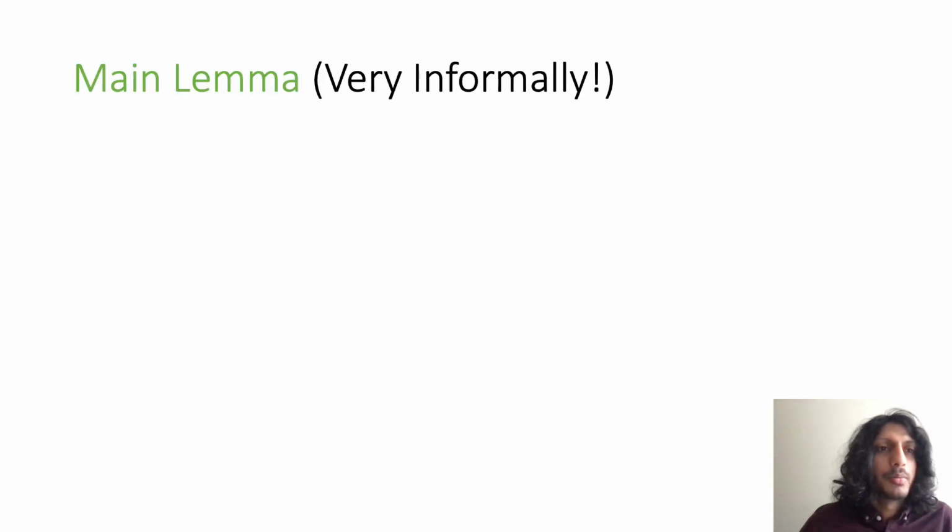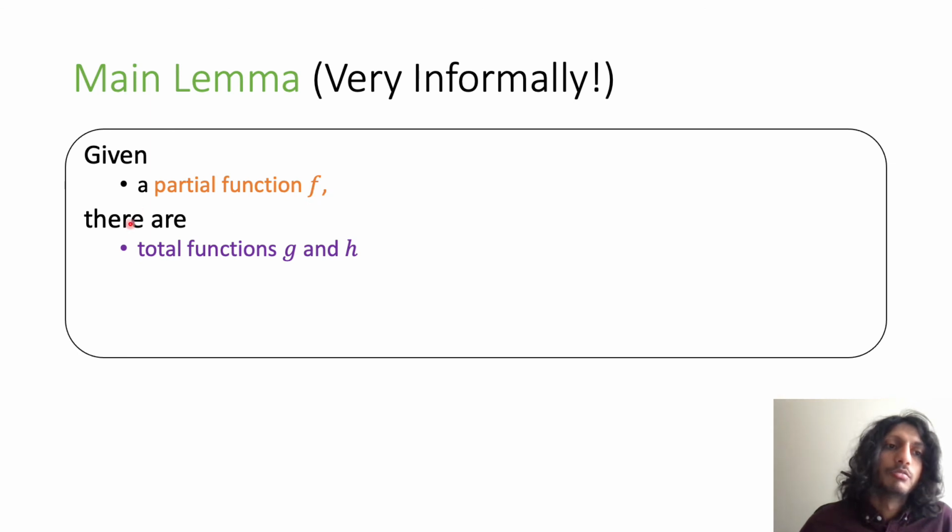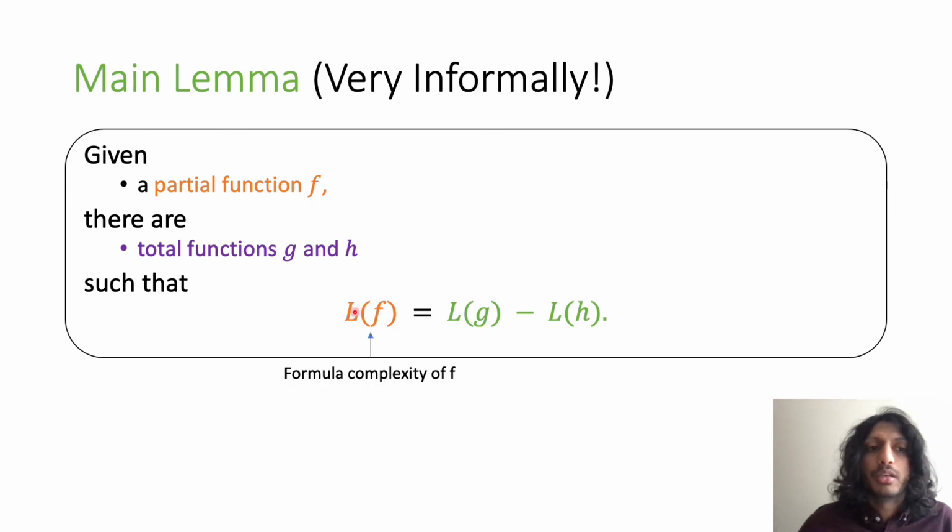So let me describe this main lemma that we use to give the reduction, at least very informally. The way that it works is we show that given any partial function f, you can construct related total functions g and h such that the formula complexity of f, that is the size of the smallest formula that computes f, is equal to the formula complexity of g minus the formula complexity of h.